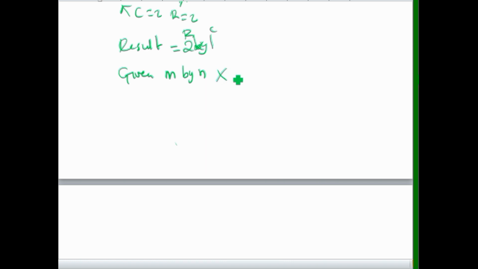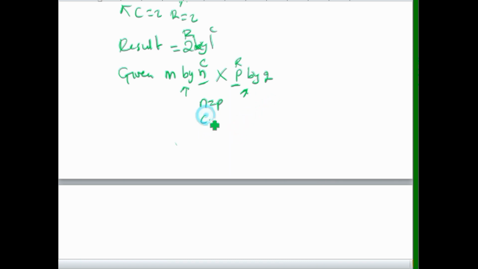This one is to be multiplied by a P by Q matrix. Now, this operation is only possible if N equals P. That is, the number of columns in the first matrix equals the number of rows in the second matrix.